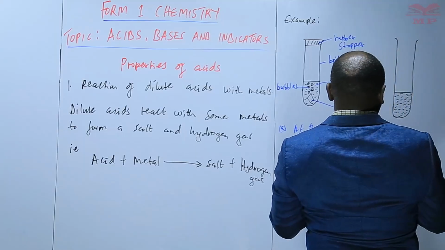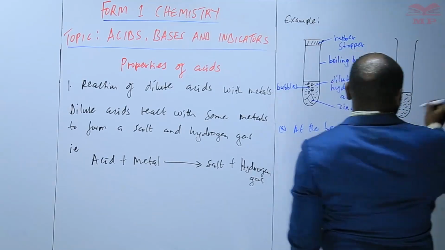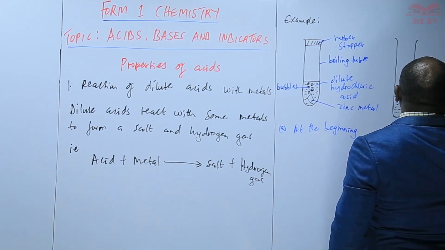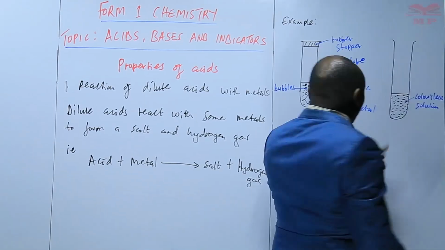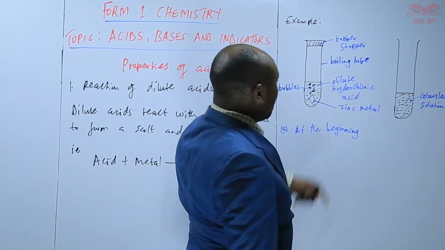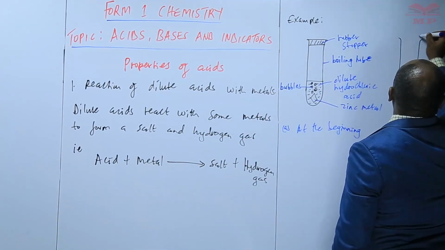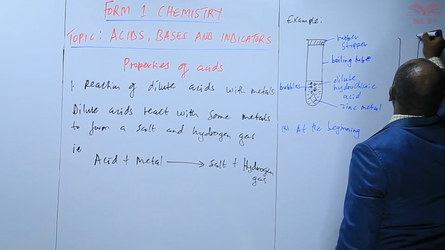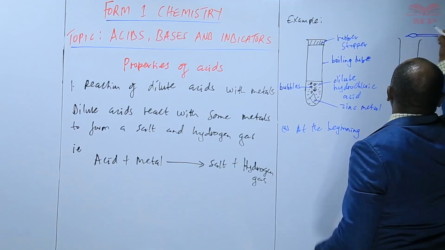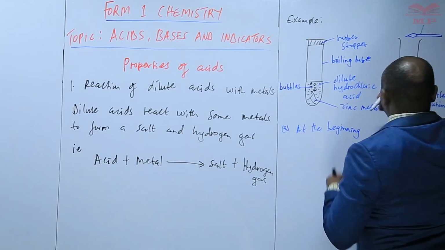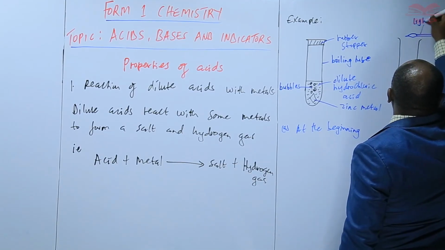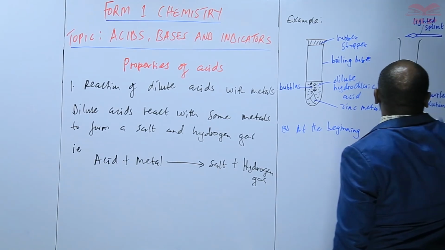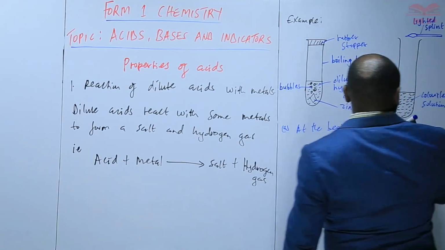And then at the end here, we'll have a colorless solution. The zinc has disappeared, and then we put a lighted splint, a splint that is burning with a flame.